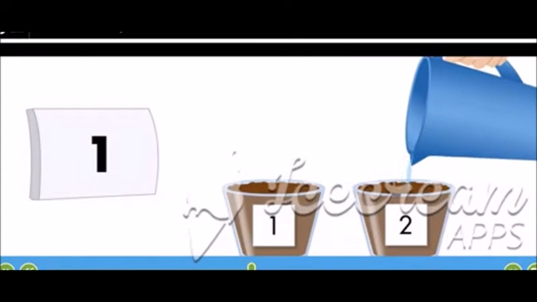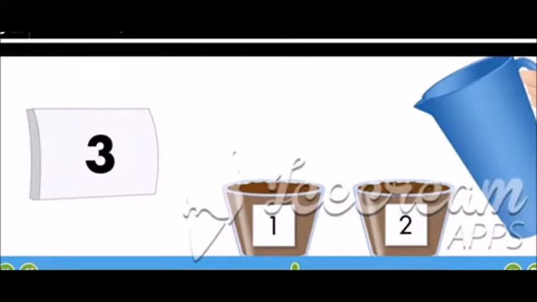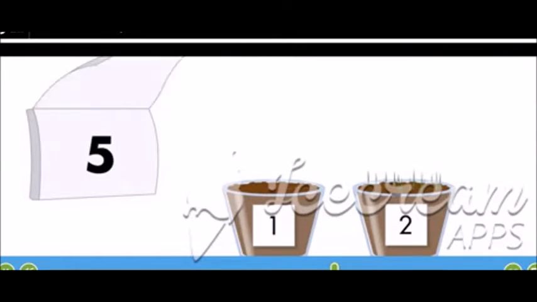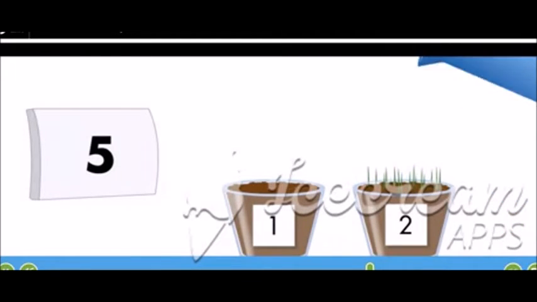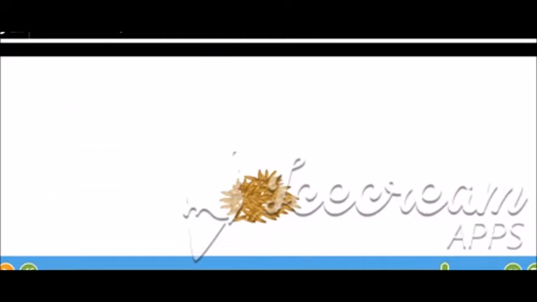Then observe. Think about what happened. Was your hypothesis supported or not supported? Of course, it is supported because the watered seeds will grow.